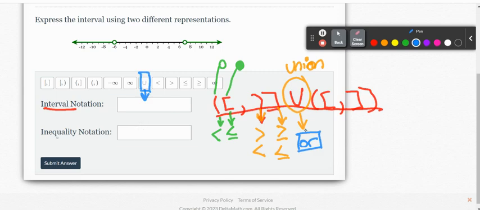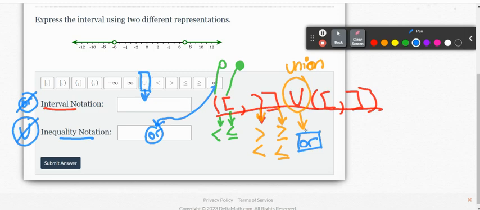If you're in inequality notation, you always use the word or right here if you need it for two sets, or it might just be one in both. But or never shows up over here in interval notation. It'll mark you wrong. And the union symbol does not show up down here for the inequality notation. Although they mean the same thing, we're writing it differently. And so we don't want to get the wrong answer because we were trying to write the right thing.